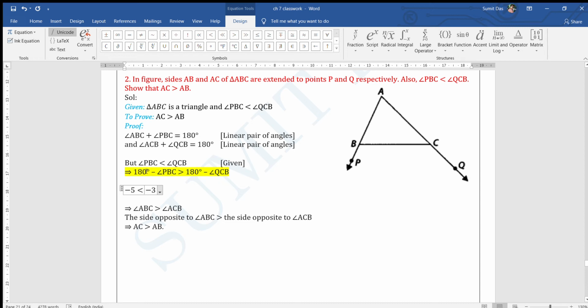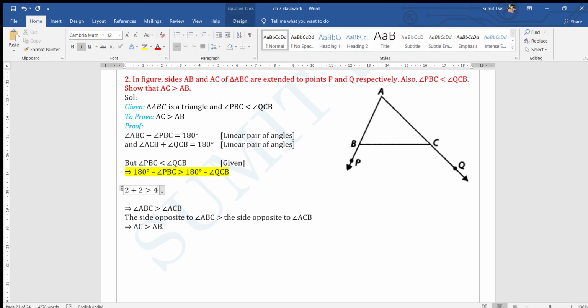Then we just add 180 degrees. We can add any number, like suppose 2 is less than 4. If I add 2 to both sides, I get 2 plus 2 is 4 and 4 plus 2 is 6, so the sign stays the same.